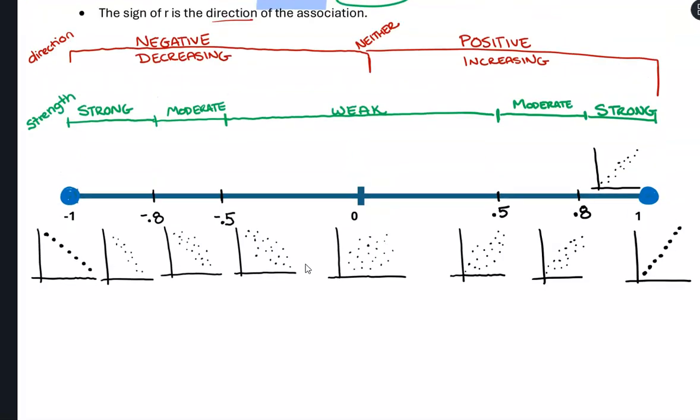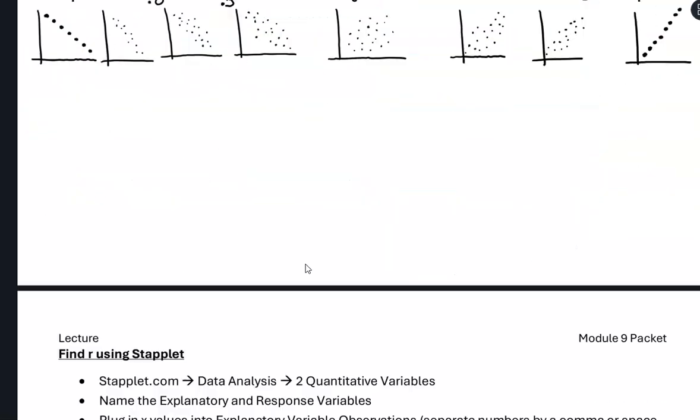So 0.8135 is right here, which means it's strong and positive. So we have an increasing relationship between these two variables, and the relationship is strong.